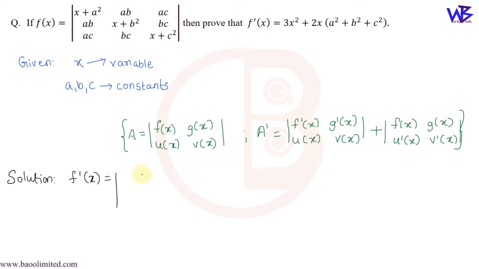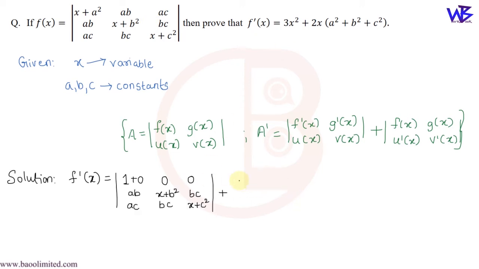All elements of the first row will be differentiated. So the first element is x plus a square, derivative of x is 1, derivative of a square is 0. So it will be 1 plus 0. A and b both are constants, so the derivative is 0. A and c are also constants, so the derivative is 0. Writing the other two rows as it is.